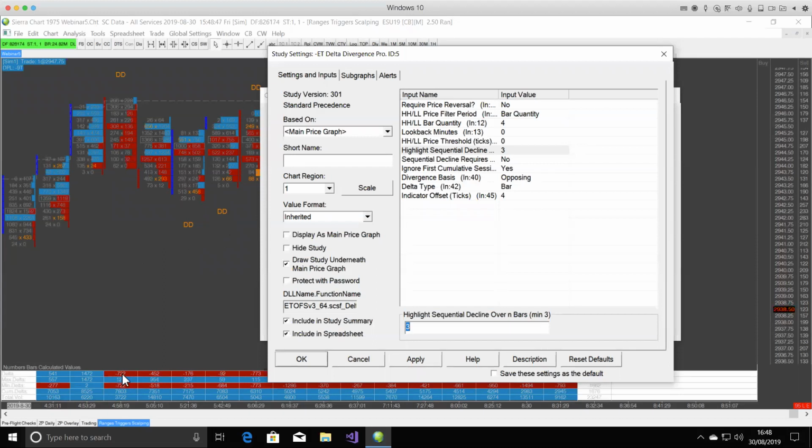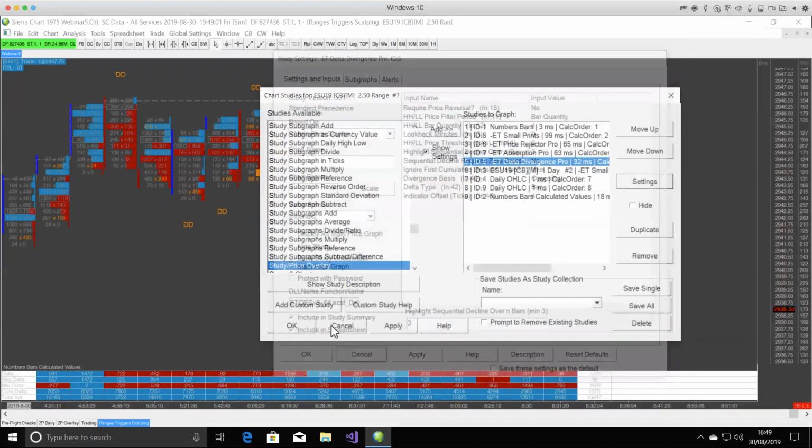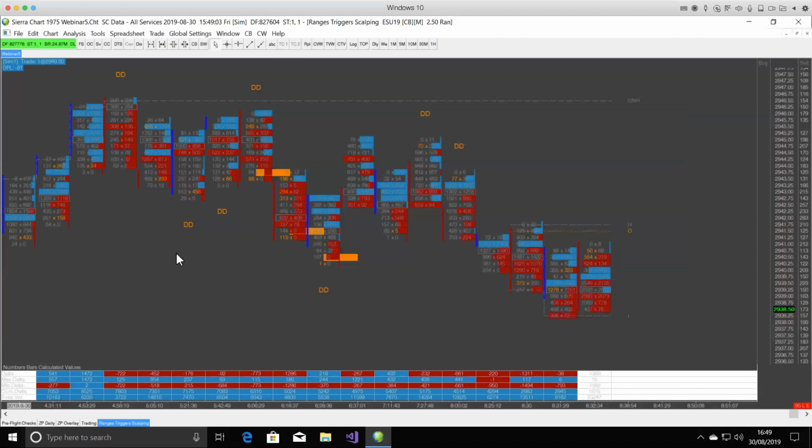So what we're seeing here is actually exhaustion, if we're stretching the volume out horizontally and seeing the aggregate through the delta. So sequential decline of delta can be quite a neat way of showing us where we're stalling and what the direction is.